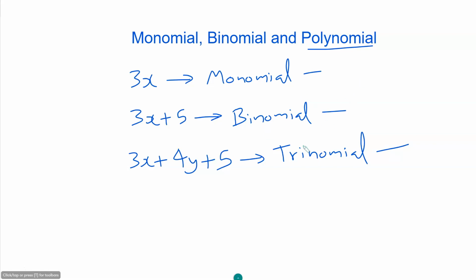So polynomial is a general term for an expression having one or more terms. One thing to note here is that a polynomial can have only variables with non-negative exponents. For example, you cannot have 3x raised to minus 2. This is not a polynomial because the power of x in this expression is minus 2, and that's not allowed. So it can either be 0 or a positive integer.